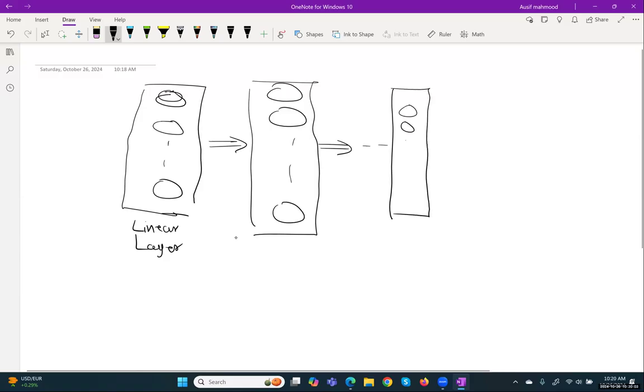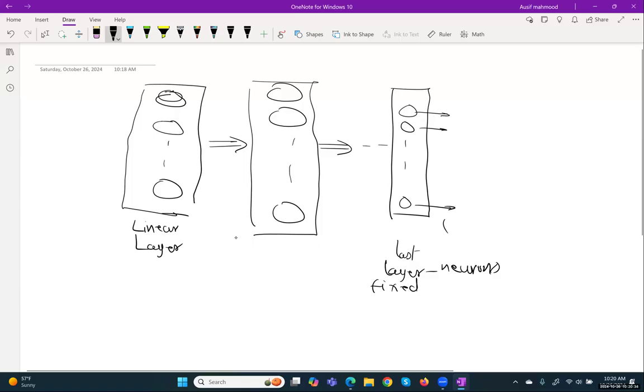The number of neurons we decide on over here will be based on how many categories we are trying to classify our data into. So for the last layer, the number of neurons is fixed by the definition of the problem. If we are trying to solve a 10 class problem, there will be 10 neurons. If you're trying to solve a 100 class problem, there will be 100 neurons, right?